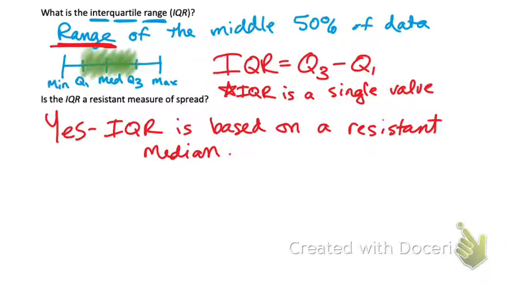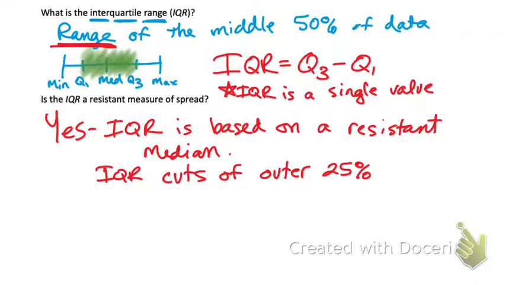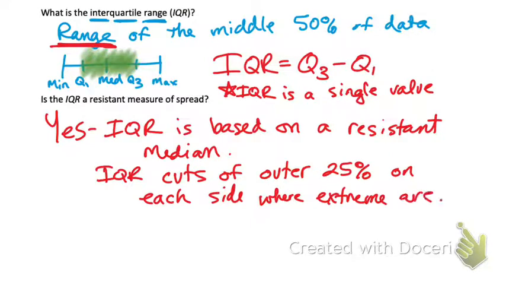I'm basically cutting off the extreme values so they can't affect it. So, IQR cuts off the outer 25% on each side where extremes are. So, you can't get to me, extremes. I'm in the middle. Take that.